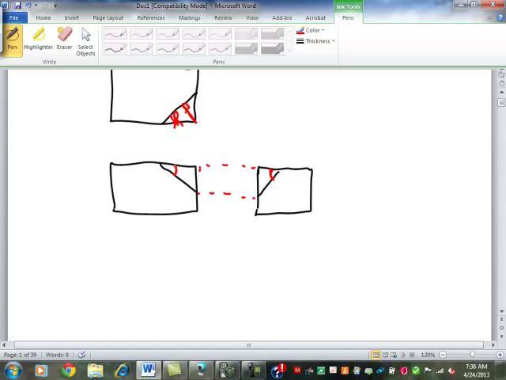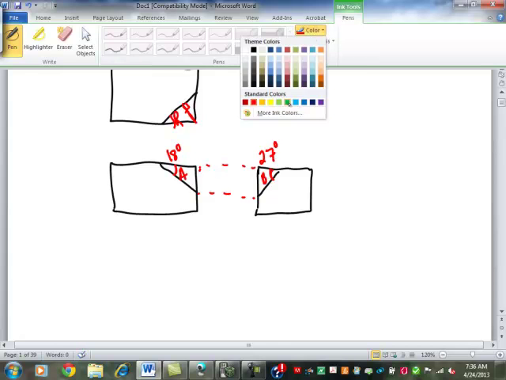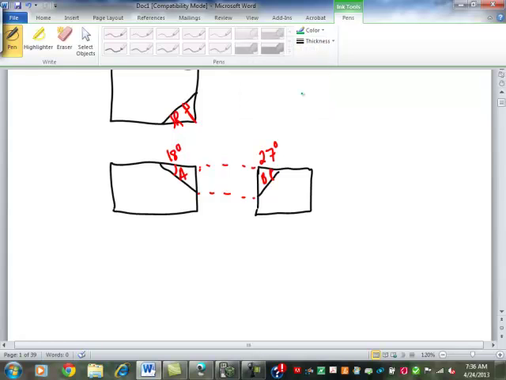Let's say I give you angle A here. I'm going to call it angle A and angle B. Let's say I give you that angle A here is 18 degrees, and angle B over here we are going to call 27 degrees. Just like with the drilling, we can pick a depth. All we care about is the area affected by this, so this here is really the depth we're concerned with.